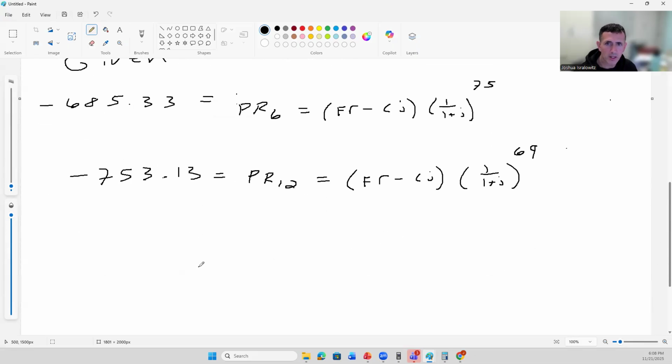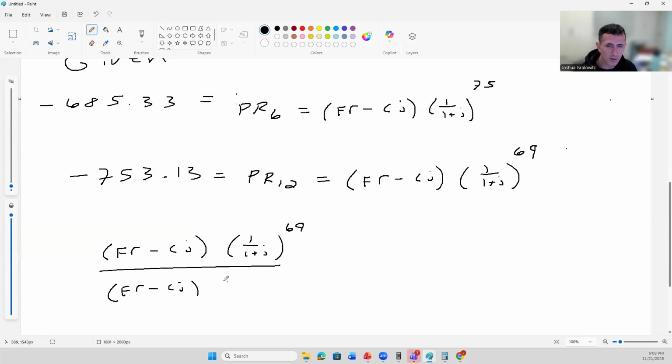So dividing, we get, right. It is a good idea because we cancel this whole mess that we don't know. We don't know what any of this is, FR minus CJ, so we can get rid of that basically. So minus 753.13.